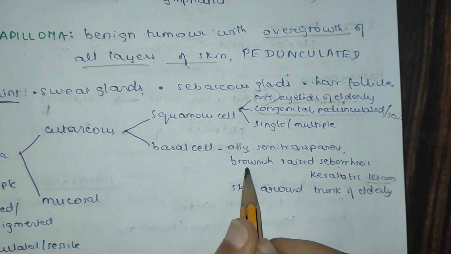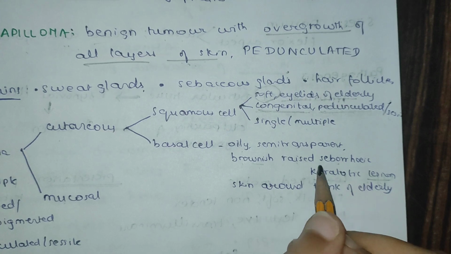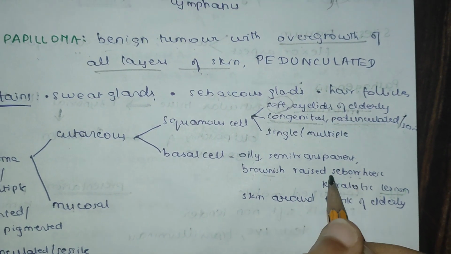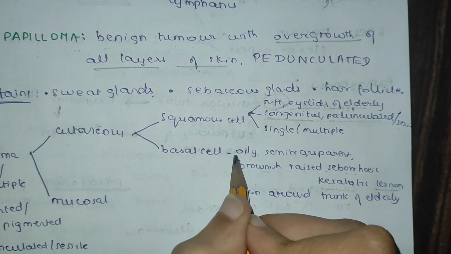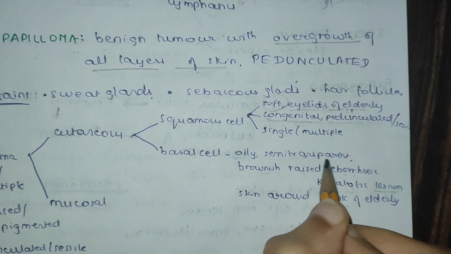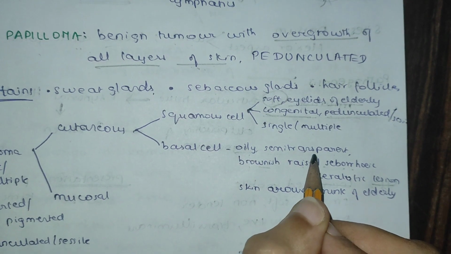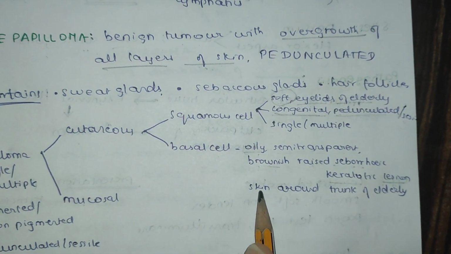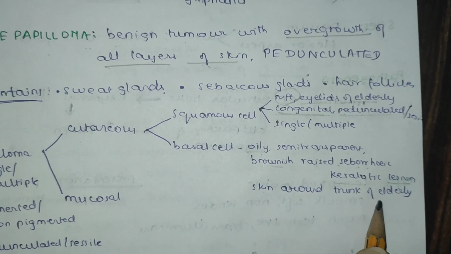The lesion is brown in color, keratotic, raised from the surface, and contains discharge of sebum. So this basal cell papilloma seems oily and semi-transparent. It occurs in the skin around the trunk of elderly people.